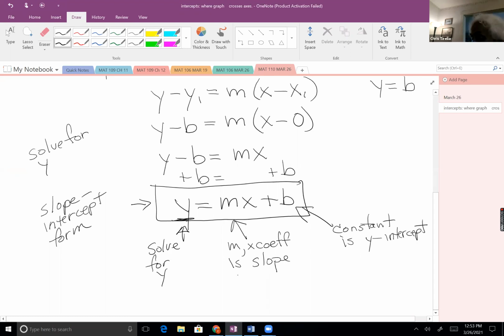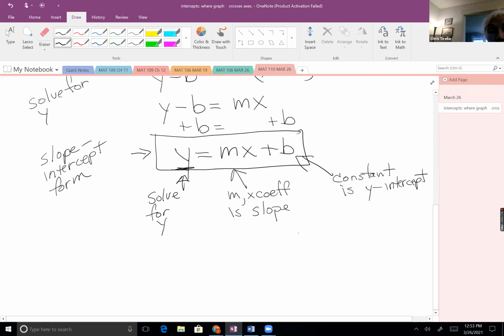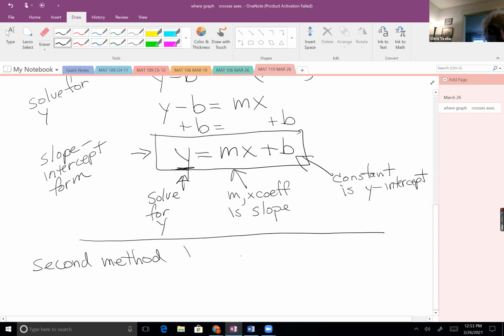And so that's why it's called slope-intercept form. And what's cool is it gives us a second method for graphing a line. And that's by using the slope-intercept.